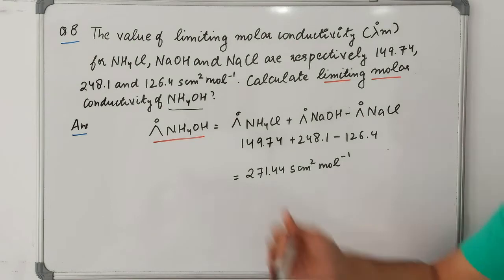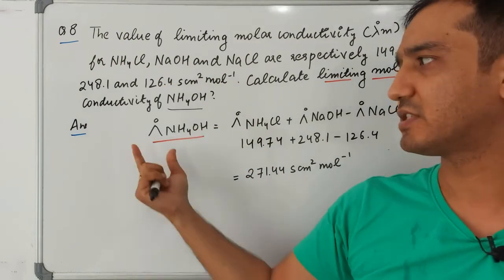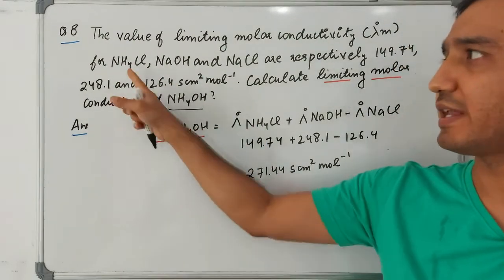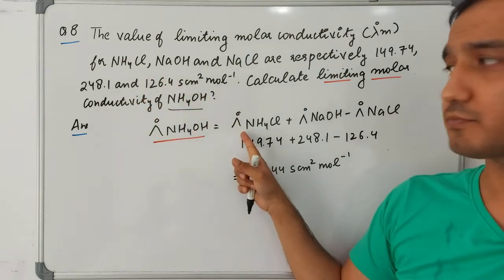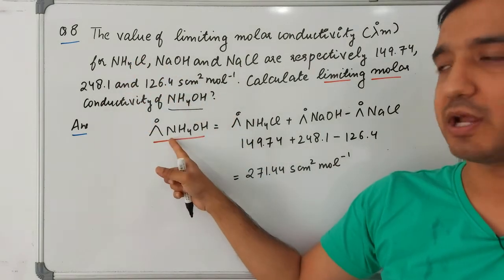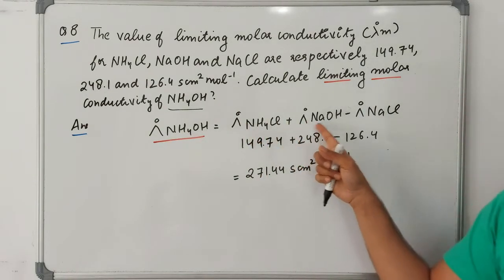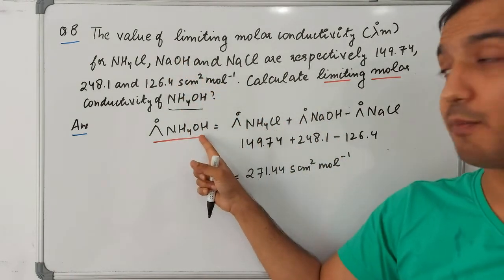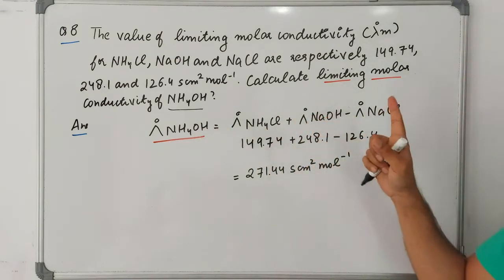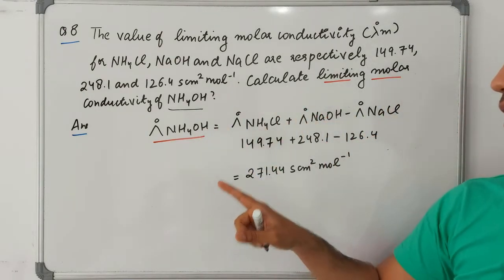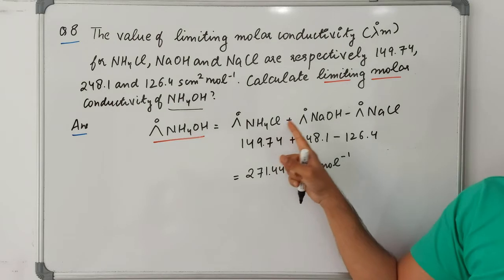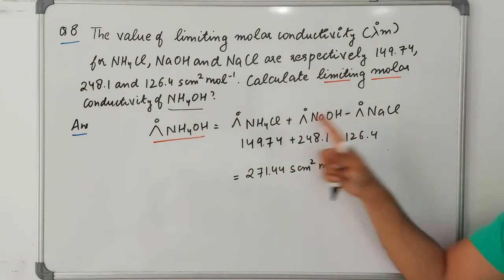So what will you take? You will take strong electrolytes which have the common ions. First we take NH4Cl, you will add it, because it has the common ion NH4. Second, you will add the limiting molar conductivity of NaOH because it has the common ion OH. Next, you do not want the ions Na and Cl, so you will subtract NaCl.